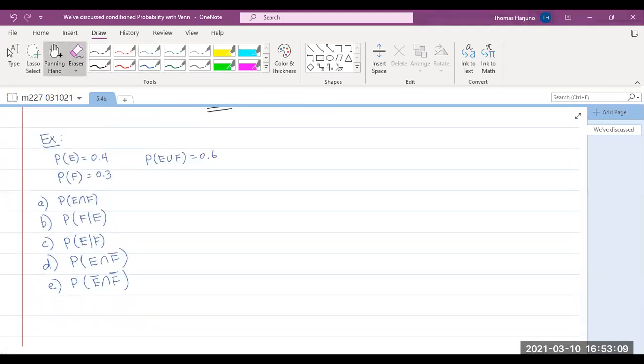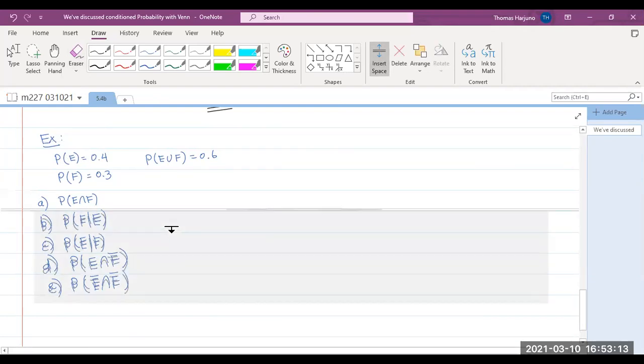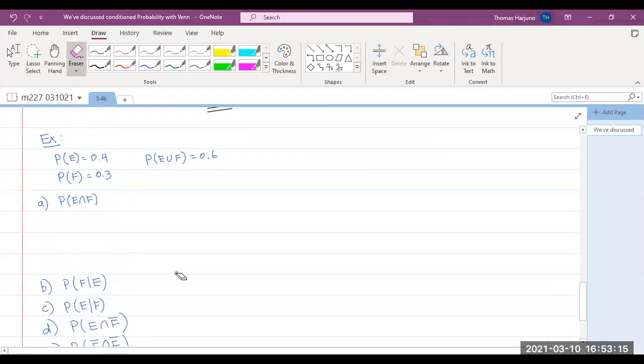Okay, so let's start. What is the probability of E intersection F? Solution.